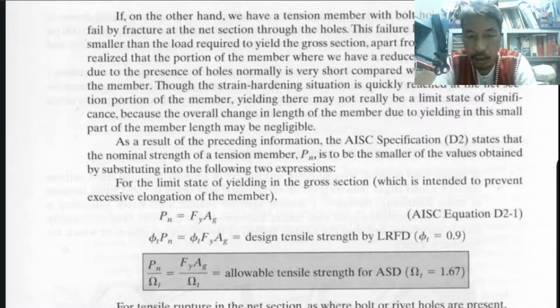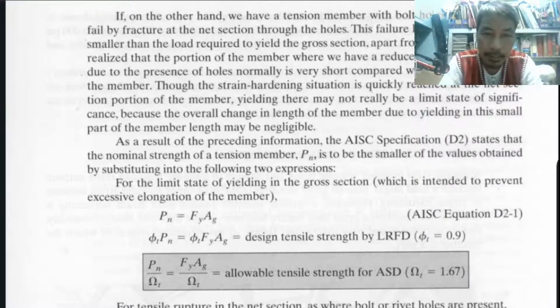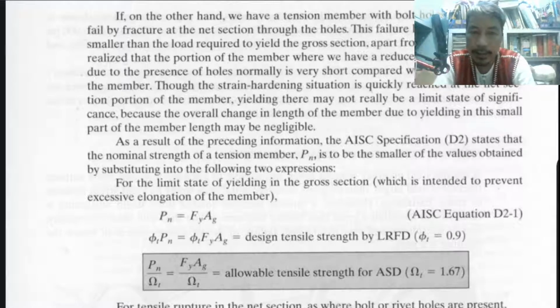Nominal strength is equal to that, which is the main concept, and multiplying both sides by a design reduction factor.